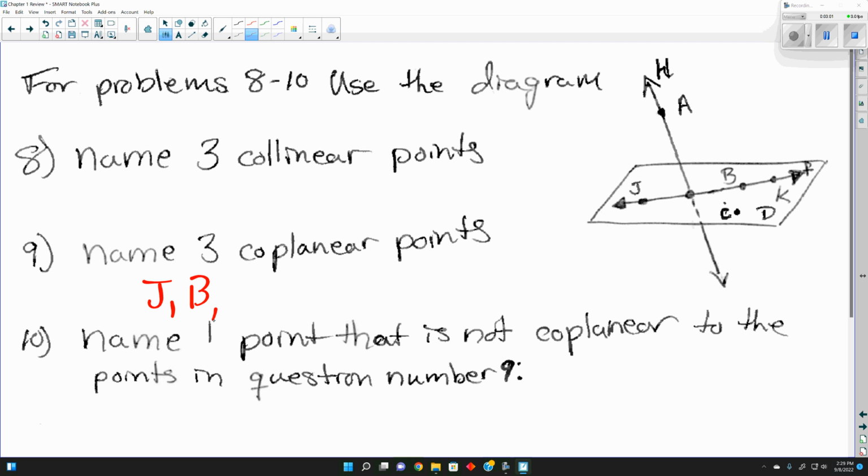B, C. What are others? Any 3 of those. The ones that don't work are D or F, because F is naming the line, D is naming the plane, and A is not on the plane. So the one point that's not coplanar is A. And when we're naming points, we don't have to put any symbols with it because it's just a point.